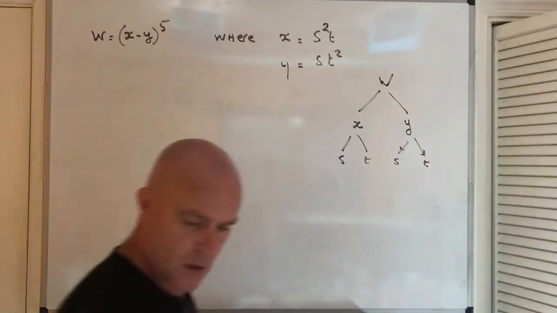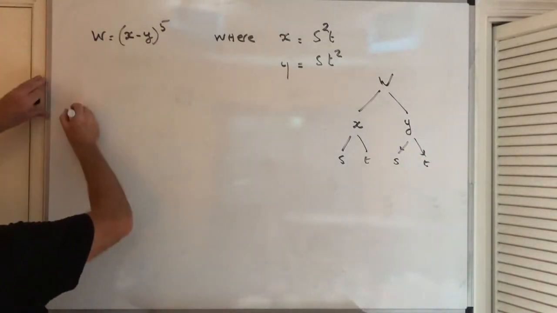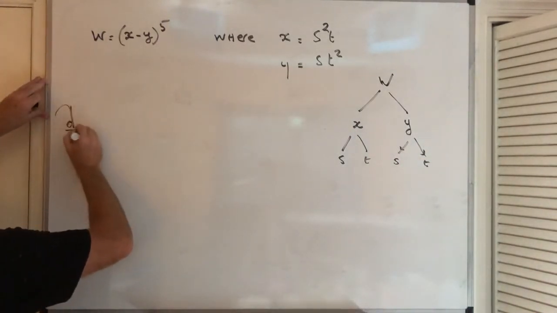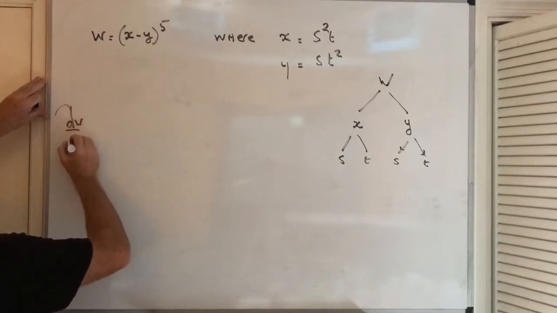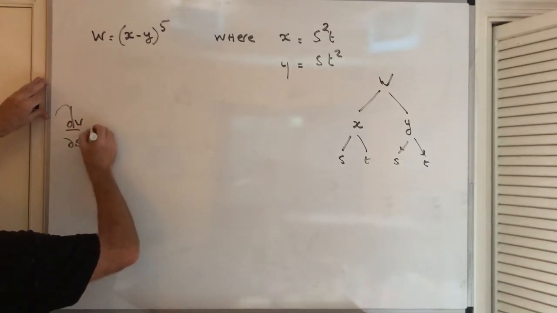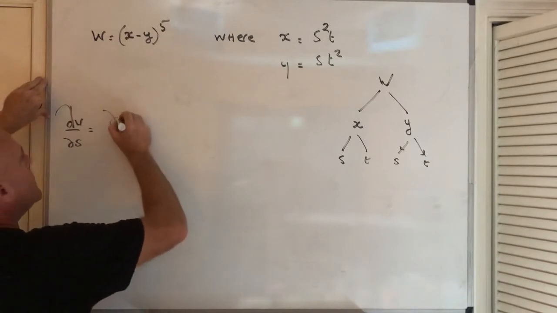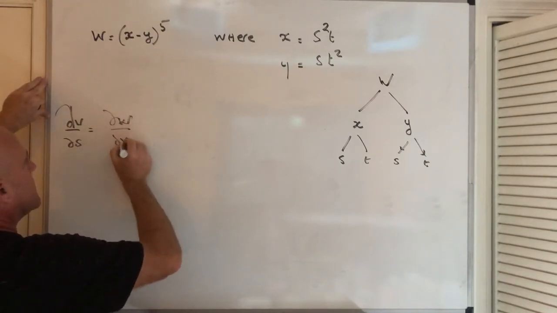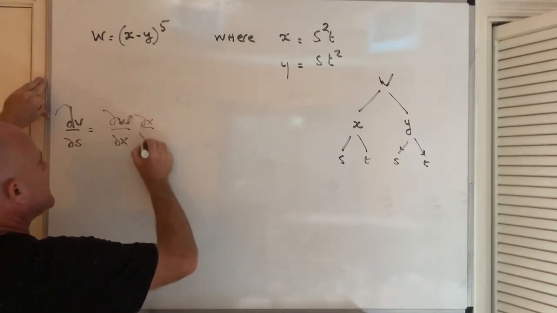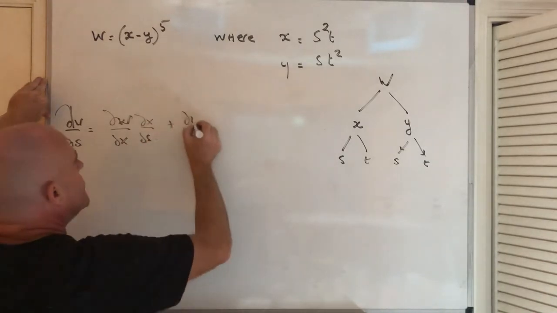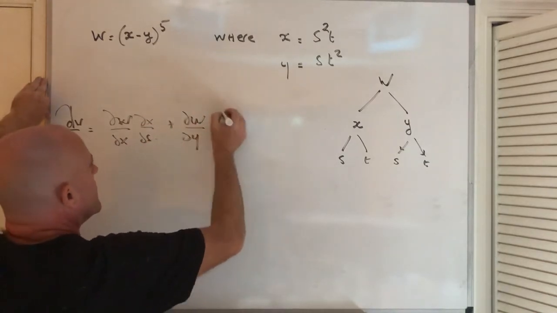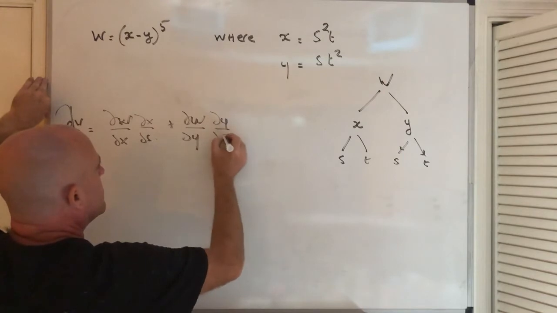Alright, so now I can say that dw over ds, let's begin with this, is equal to dw over dx times dx over ds plus dw over dy times dy over ds.